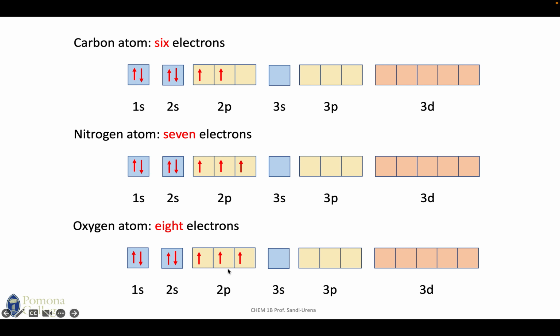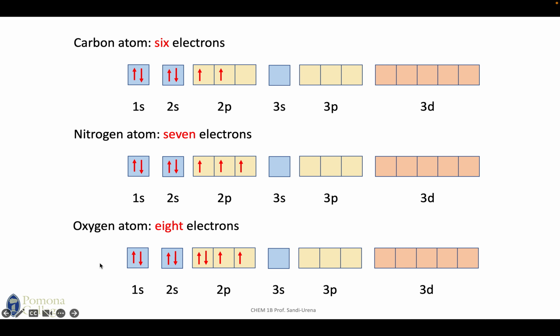It doesn't really matter, because at this point we can only place that electron in such a way that it would be paired up with another electron, regardless of which 2p orbital we choose. Just to keep things organized, we're going to go from left to right, but it would be exactly the same if we had it in the middle or to the right.